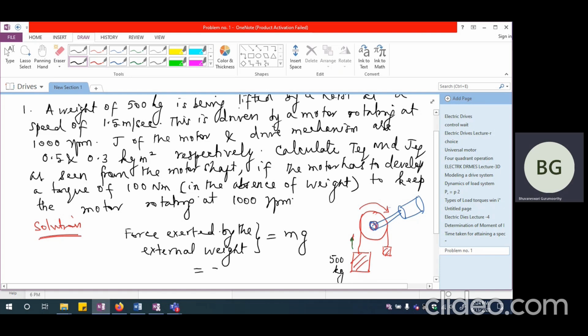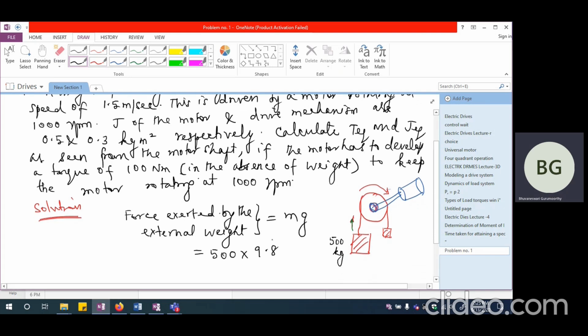So m is 500 kg. g is acceleration due to gravity, which is 9.8 meter second power minus 2. So what I get is the force in newtons. So this is going to be 500 multiplied by 9.8. That will be 4,900 newtons. That is the force exerted by the external weight.